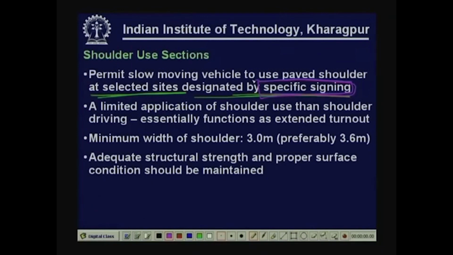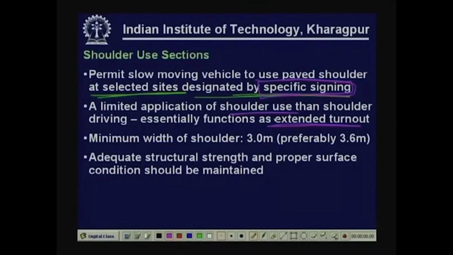Only at those locations can overtaking take place, and that is what we understand by shoulder use sections. It is a limited application of shoulder use, because we are not allowing it everywhere, only at selected points where adequate shoulder strength is available and it can be allowed without other disturbances or safety problems.